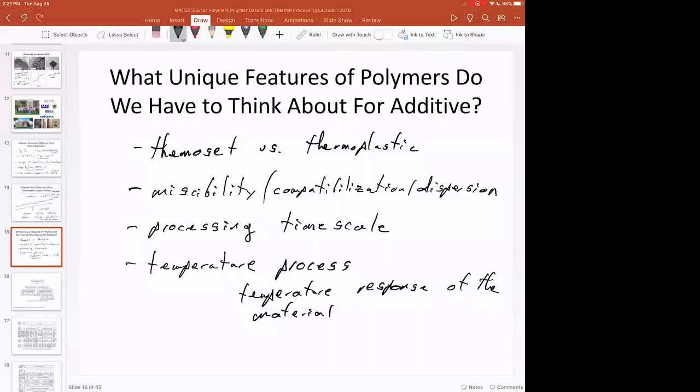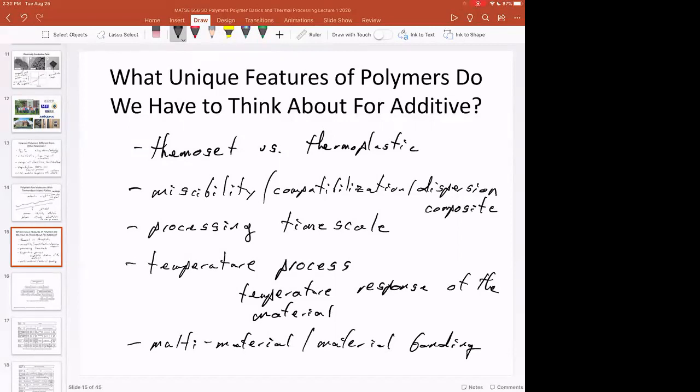Interaction with other materials, whether it's the build plate or another polymer you're trying to bond to in the process. Yep, let's just do multi-material bonding, etc. That's a little bit different than miscibility or compatibilization or dispersion of the composite.